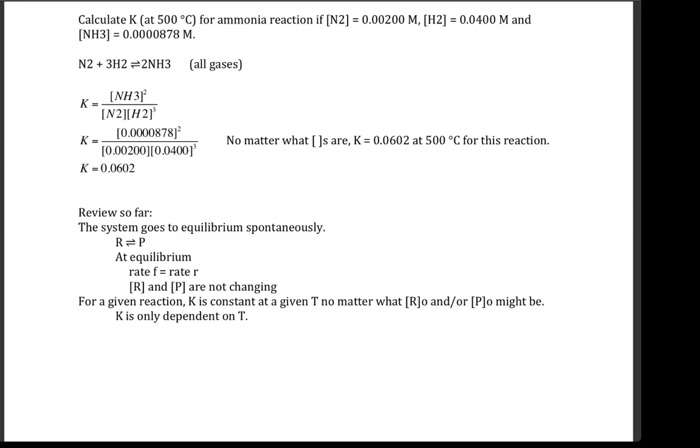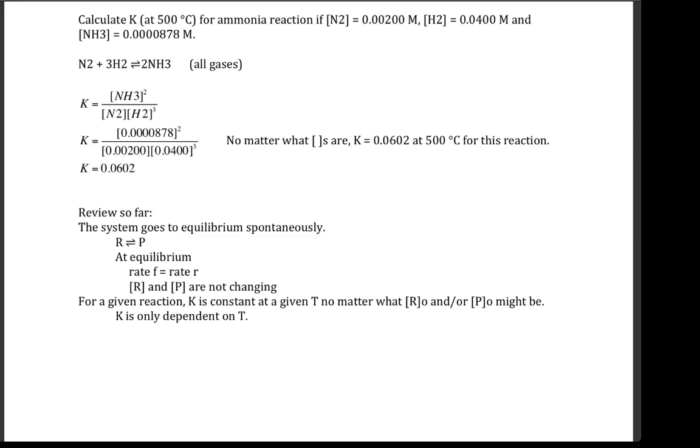So our equilibrium reaction is N2 plus 3H2 in equilibrium with 2NH3, and these are all gases. So our expression is K equals NH3 squared over N2 times H2 cubed. We put in our concentrations given. We square, we cube, and so forth as needed. And we get K equals 0.0602.